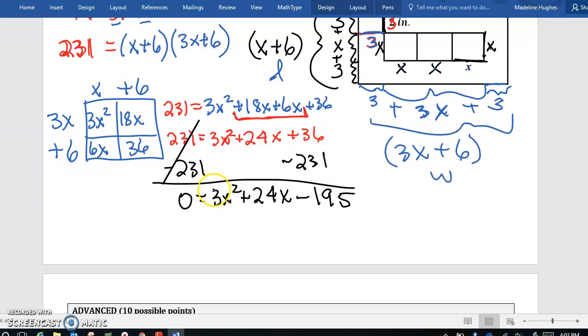So 3, the factors are 1 and 3. So I'm going to see if I can divide all these numbers by 3 and get a nice even number. Okay? So I'm going to divide by 3, divide by 3, divide by 3. 0 equals 1x squared. 24 divided by 3 is a positive 8x. Looking good so far. Negative 195 divided by 3.